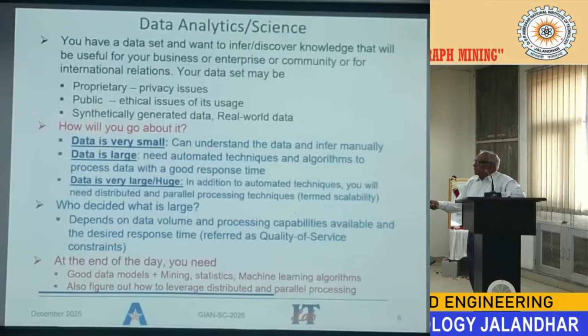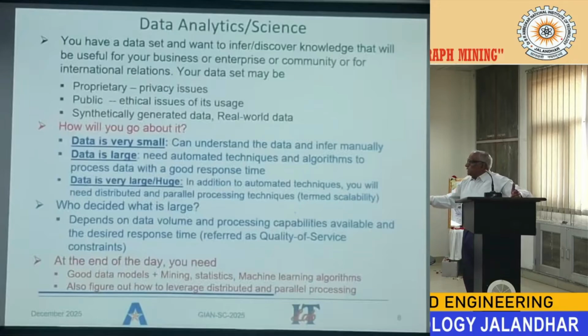If the data is very small, then you can understand the data and infer things manually. This is what we were doing 30, 40 years ago. We were dealing with what we call samples. So you take a random sample of the data in order to keep it very small, and then you can analyze it by using very simple techniques, and then you try to generalize it. If the data is very small, it's much easier to handle that.